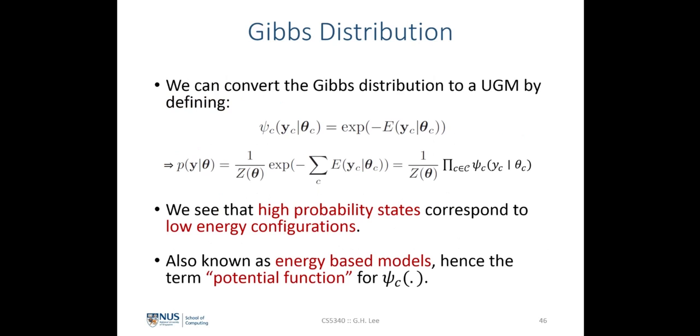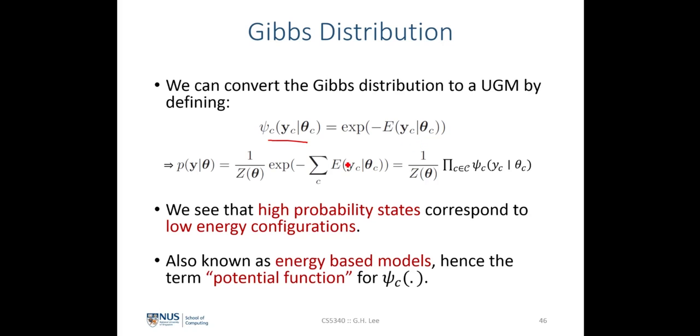So we can convert the Gibbs distribution to an undirected graphical model by simply defining the clique potential, or the clique function, denoted as phi of C, where y of C denotes all the random variables in the clique conditioned upon the parameters of this particular clique, to be equal to the exponential term of the negative energy function that represents this particular clique.